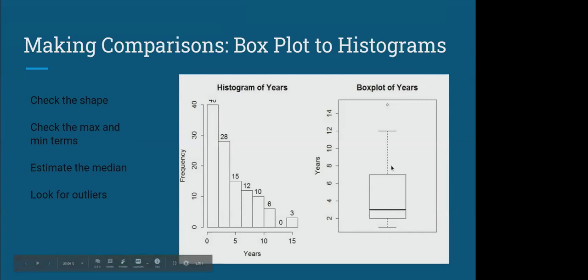We can see that the maximum is 12. So it's working there so far. Now, estimate the median. Well, when we looked at this, we said the median is going to be between 2 and 4. And look at this. The median is between 2 and 4.